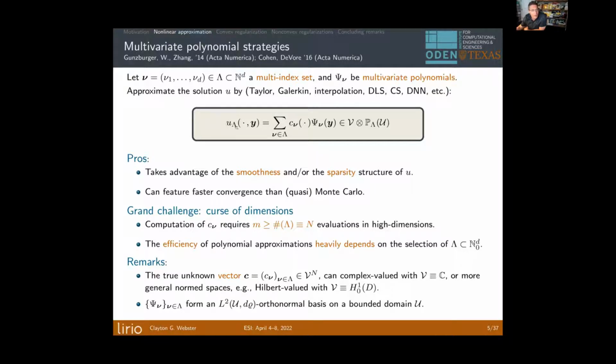So I'll have an approximation, I'll call u lambda, that's nothing more than a sum over these multi-indices in some set lambda, which I'll define in a minute. The advantage here is that we're going to take advantage of smoothness, and in addition to that, sparsity of the function itself.